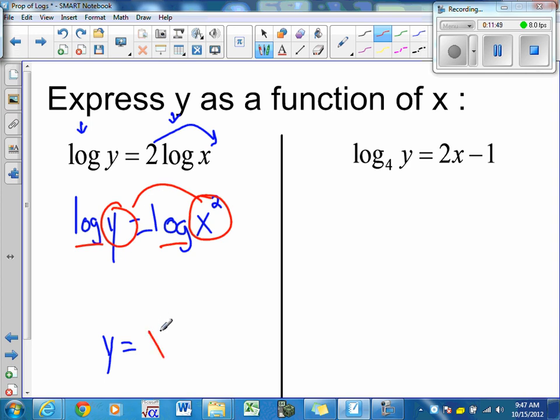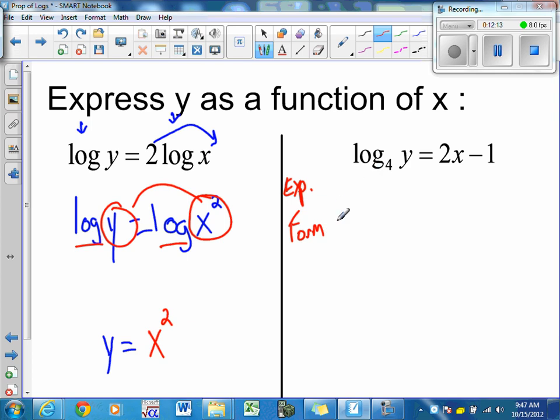So y equals x squared. For a logarithmic equation with logs on both sides, I just get the two logs and then set what's inside equal. If I only have a log on one side, now I'm going to do exponential form.